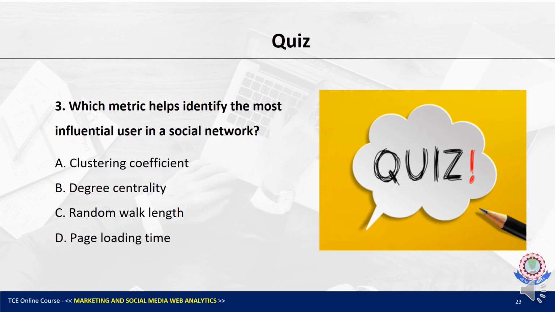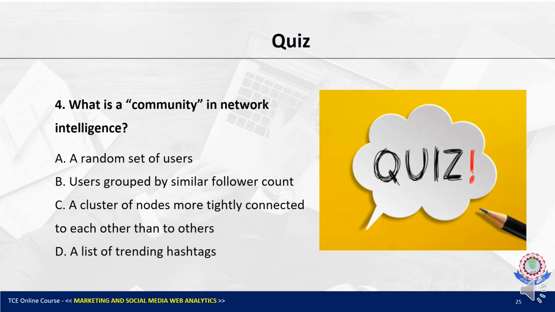Third question: which metric helps identify the most influential user in a social network? The options are clustering coefficient, degree centrality, random walk length, or page load time. The answer is degree centrality.